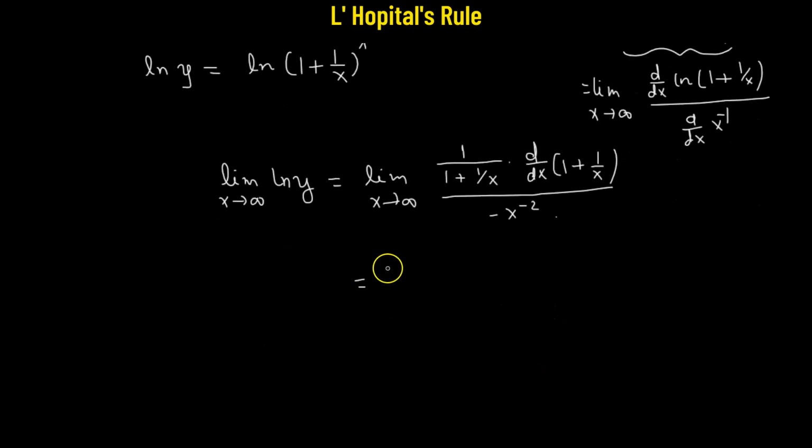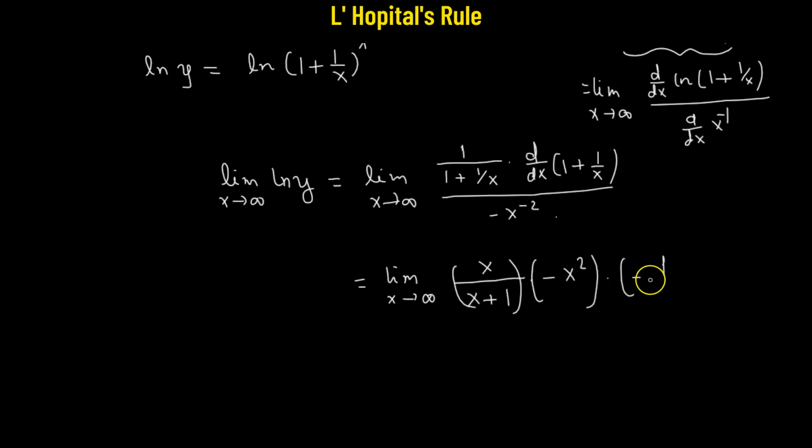Let's multiply both the numerator and the denominator by x. This gives us x divided by (x + 1), and in the denominator we have negative x squared, multiplied by the derivative of (1 + 1/x), which is negative 1 over x squared. So these two terms go away, and we are left with the limit as x approaches infinity of x divided by (x + 1).